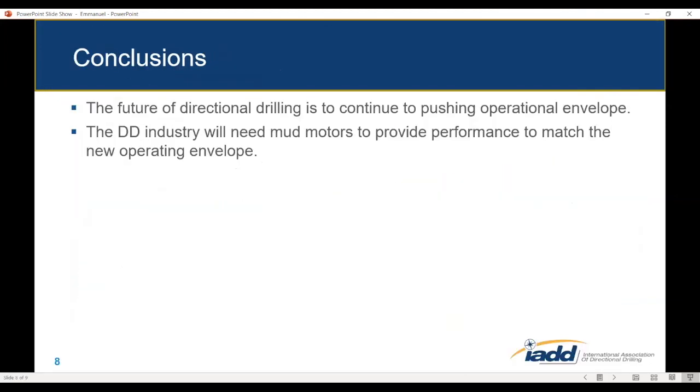In conclusion, the future of directional drilling is going to continue to push the operational envelope, and the DD industry will need mud motors to provide performance to match this new operating envelope.